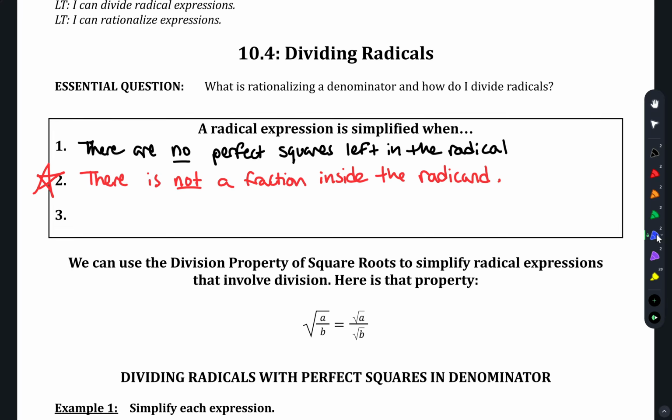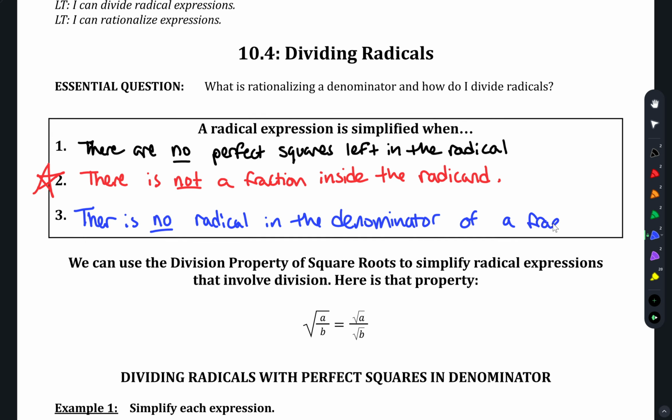And then the second one that we're going to focus on today is, there is no radical in the denominator of a fraction. Now we are going to look at both of those rules today.